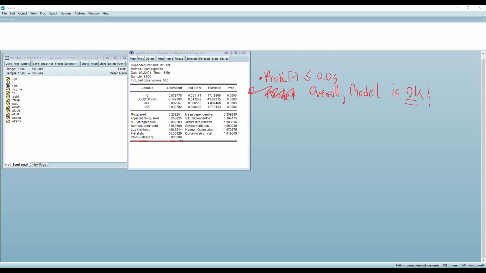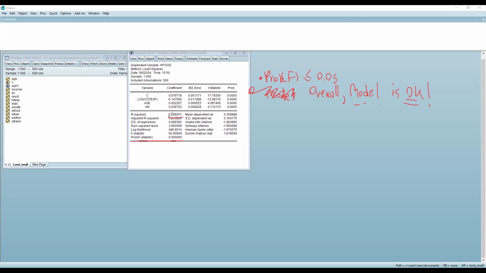But if you would like to write the report, this is not the good vocabulary. You have to use, oh, this model can be used to explain the budget share of food or something like that. But if it's not less than 0.05, you can throw this model. This model is bad, something like that.